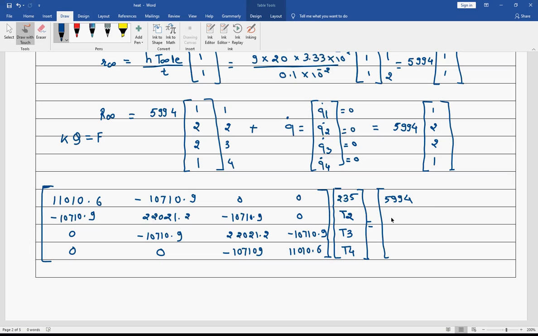So just multiply these two and let me know this value, please. 11988 and 1. Okay, now this value is known to me.